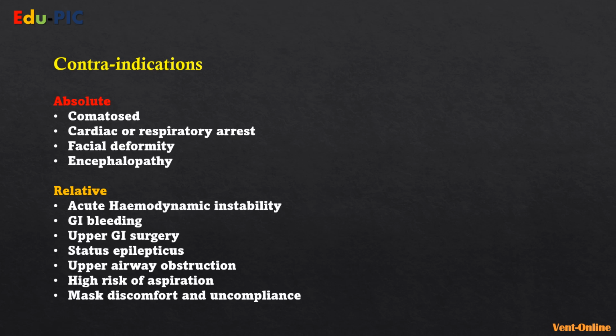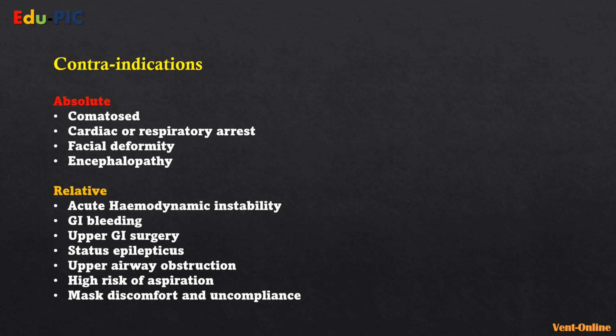GI bleeding, again with risk of aspiration, upper GI surgery, because again you can basically push a lot of air into the upper GI, and that would sometimes compromise the surgery.